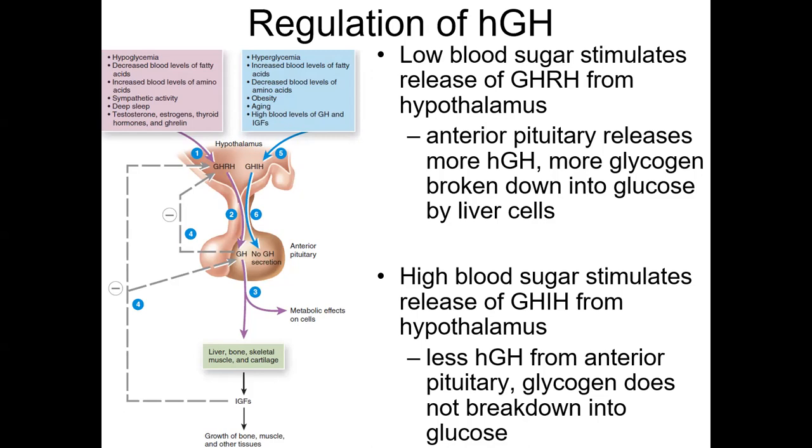So this is a really good illustration of how hypothalamus keeps control of the anterior pituitary. So let's take a look at human growth hormone regulation in the blood. Blood sugar, blood glucose, but sometimes amino acids, fat levels, fatty acid levels in the blood. You can see it here and here are all regulating human growth hormone levels.